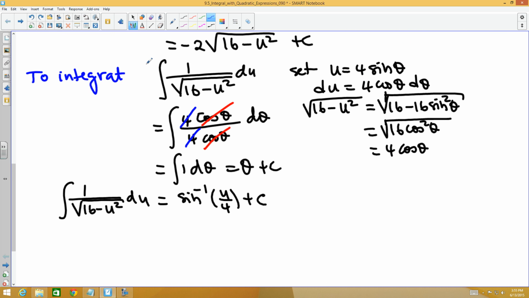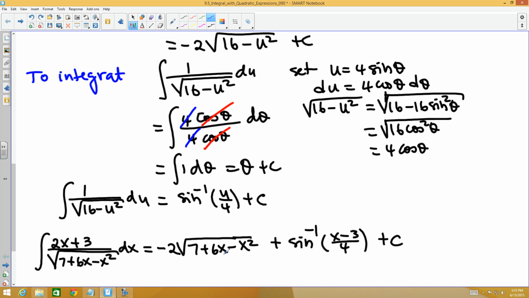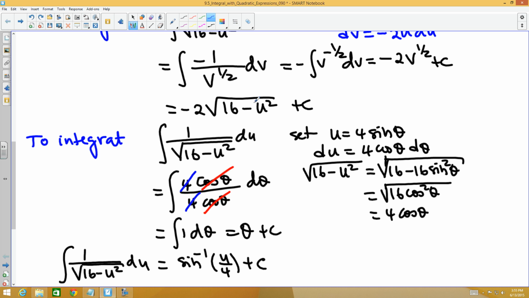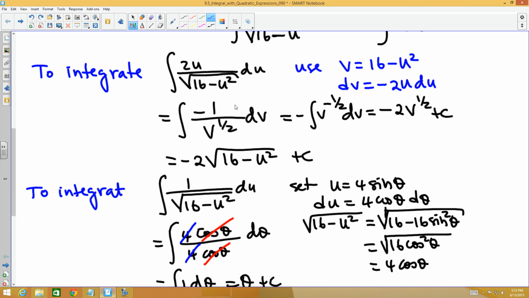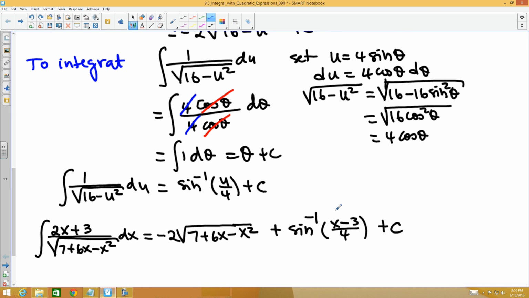So if we go back to the original equation, replacing u with x minus 3, the first part gives us negative 2 times the square root of 16 minus u squared, which is just the square root of 7 + 6x - x squared. And then we have the inverse sine of u over 4, so replace u with (x - 3) over 4. And that's the answer. Now let me add the 9 here, and we are done solving this problem.